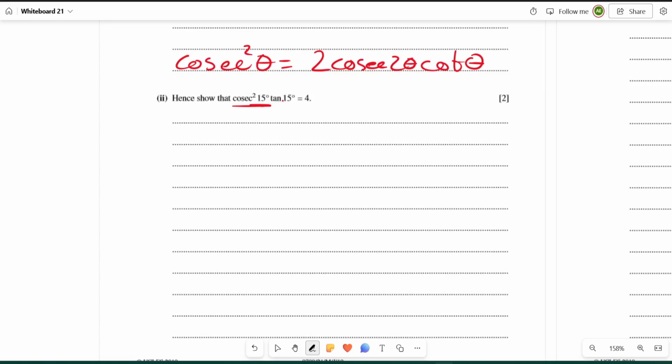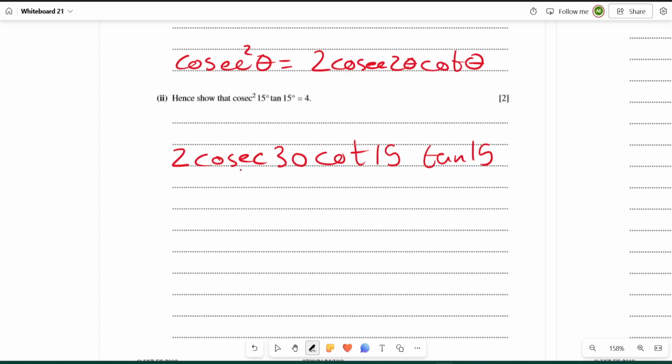So let's change this into this form. This is going to be 2 cosecant 2 theta. Theta is 15, so 2 times that is basically 30. And then cotangent 15, multiplied by tan 15, and we need to show that it's equal to 4.